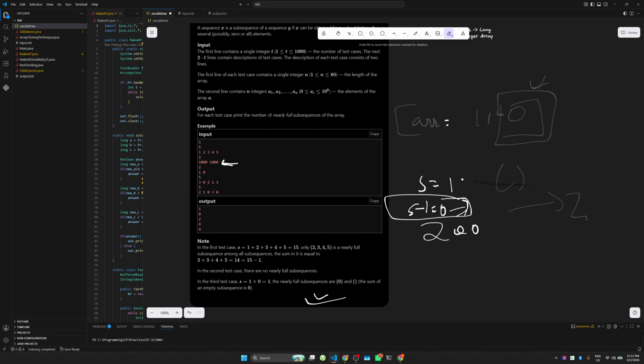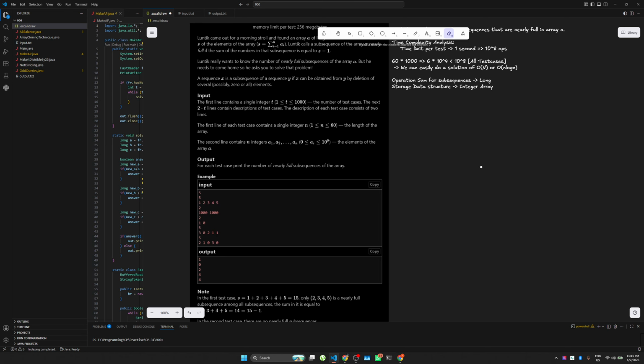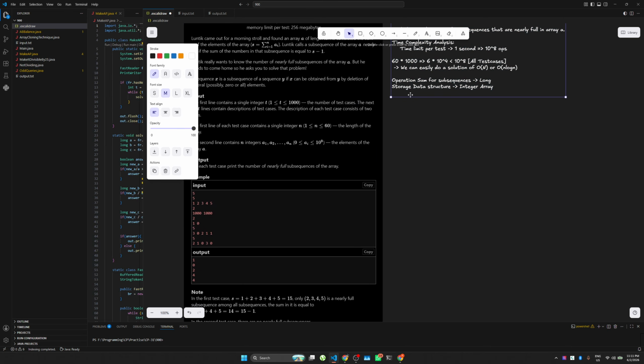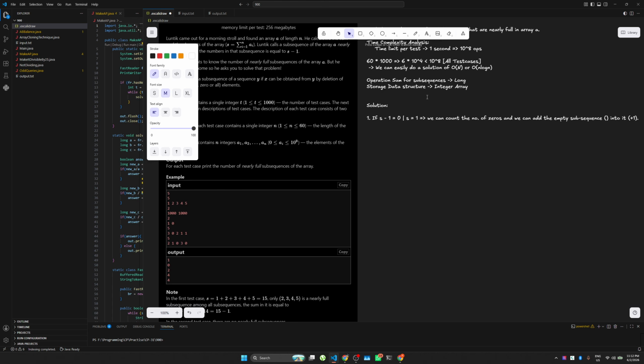Okay, solution: if S minus 1 is equal to 0, S is equal to 1, we can count the number of zeros and the empty subsequence into it. That's one thing that I noticed.